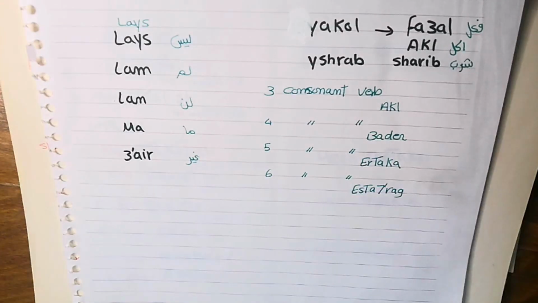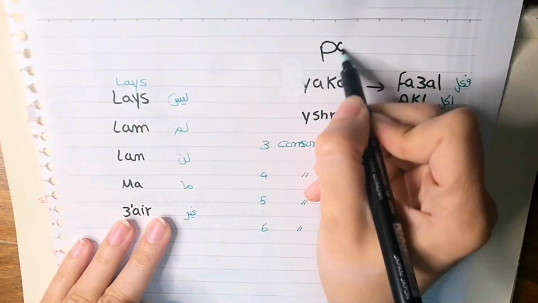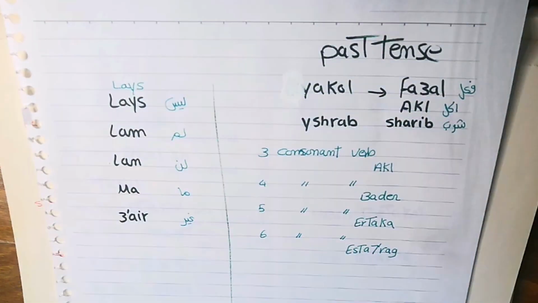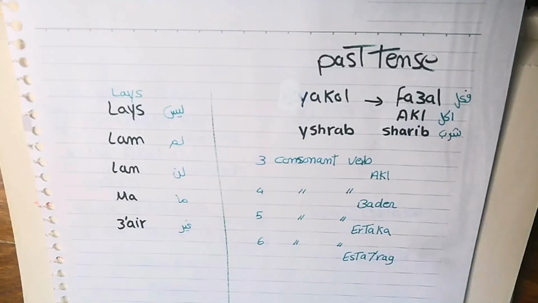So for someone who's learning Arabic for the first time, I can see how this could be very complicated. I'm talking about the past tense form. So I really encourage you to memorize as many past tense words that you can find.